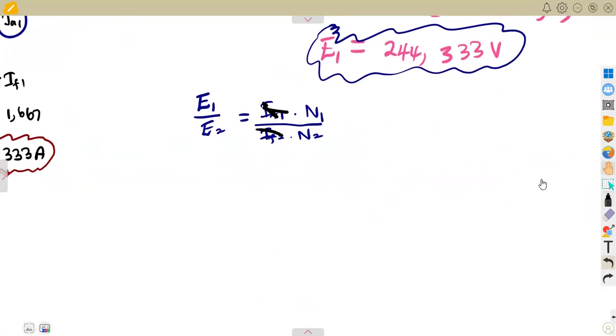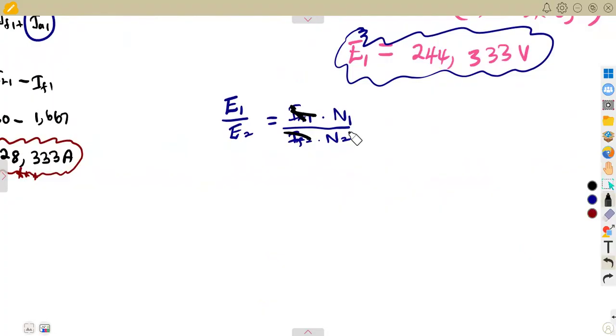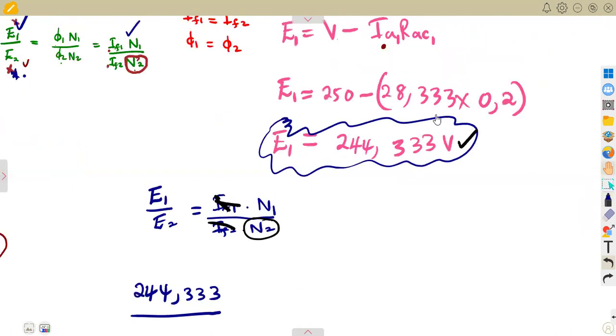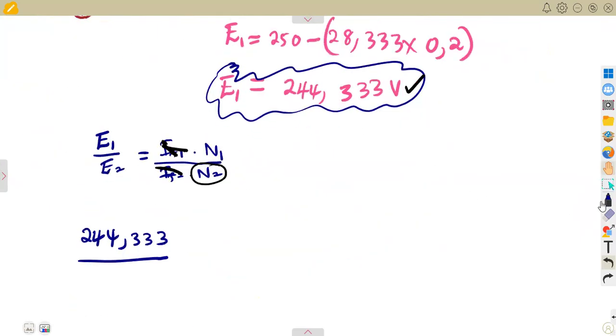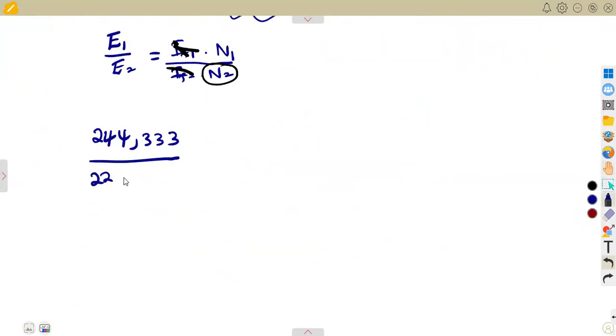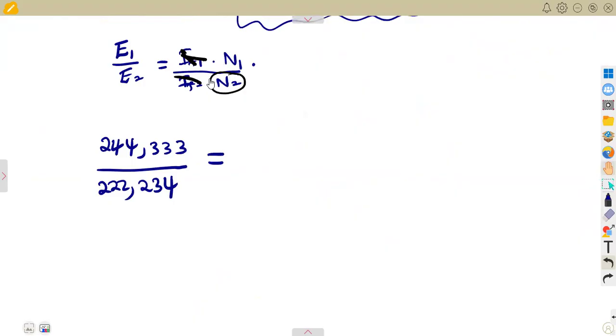So just substitute, calculate your E2, your N2. You have got everything. E1, you calculated this, 244.333 over E2, which is the one that we just calculated now, our E2, which is 222.234, is equal to N1. Already we have this one.